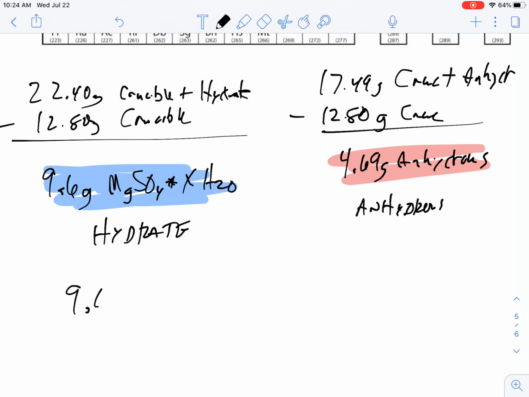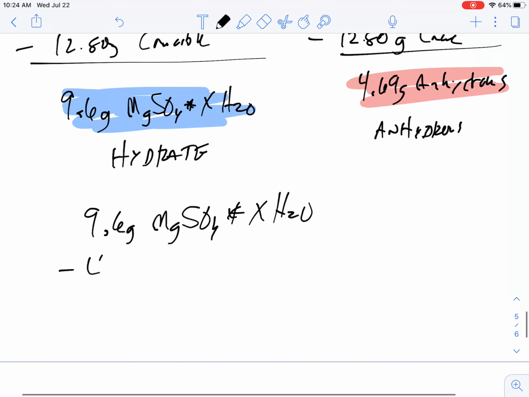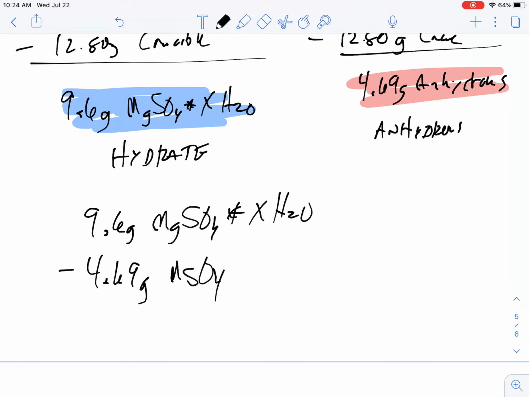So this is 9.6 grams of MgSO4.xH2O, and then I'm going to subtract the 4.69 grams of the anhydrous, which is just the MgSO4, and that is then going to get me 4.91 grams of water.